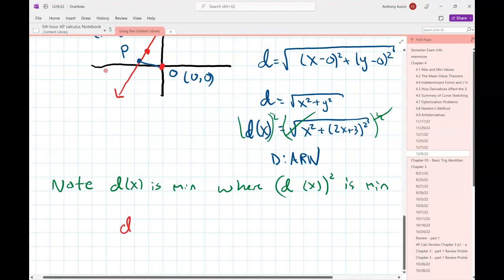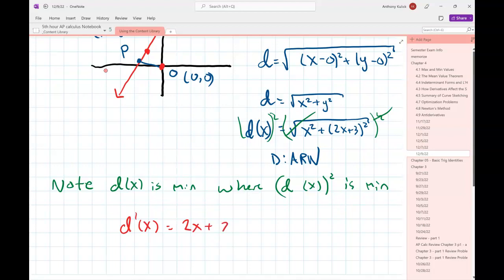So when I take the derivative, I get 2x plus 2 times 2x plus 3 times the derivative of the inside, which is 2. So I'll set that equal to 0. I'll observe that obviously this derivative isn't undefined anywhere because it's a polynomial, right? So I don't have to worry about any critical values other than where the derivative is equal to 0.